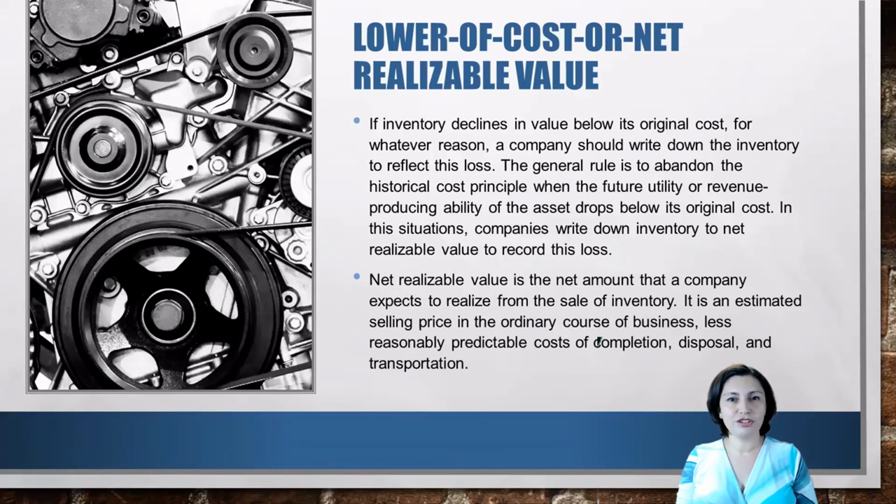In this situation, companies write down inventory to net realizable value to record this loss. Net realizable value is the net amount that a company expects to realize from the sale of inventory. It is an estimated selling price in the ordinary course of business, less reasonably predictable costs of completion, disposal, and transportation.